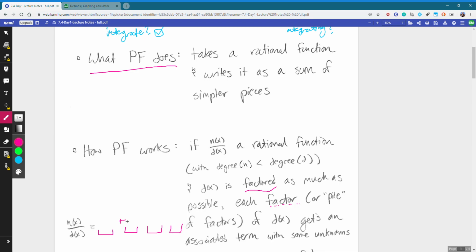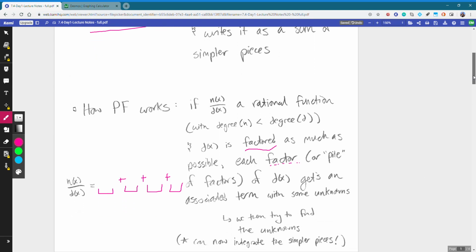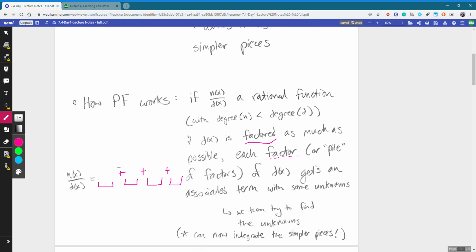And partial fractions says that our original function is going to be the sum of these simpler pieces. The catch is that these simpler pieces come with some unknowns to start, some parameters that we don't know.